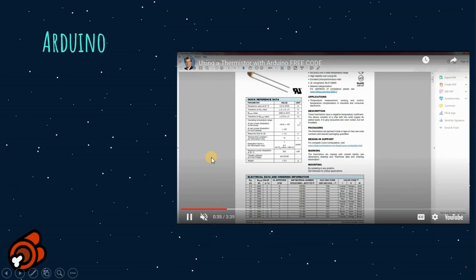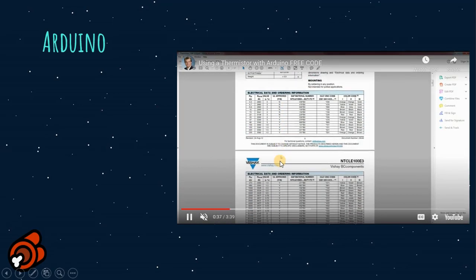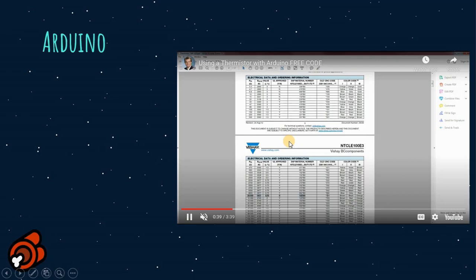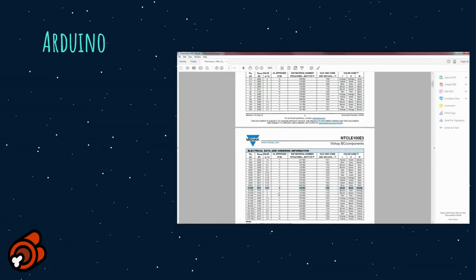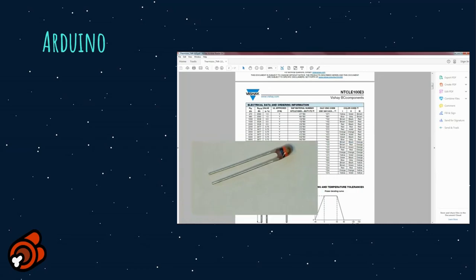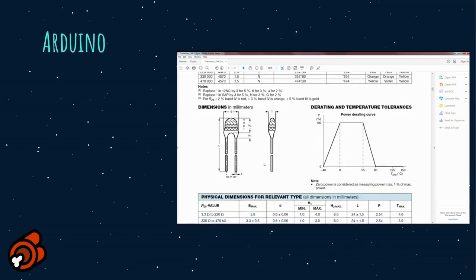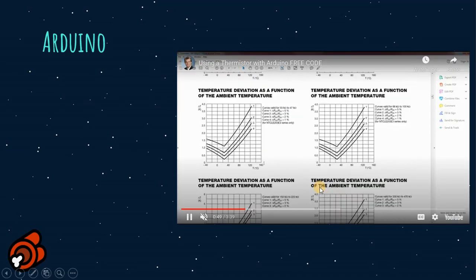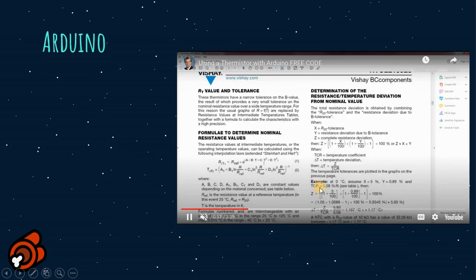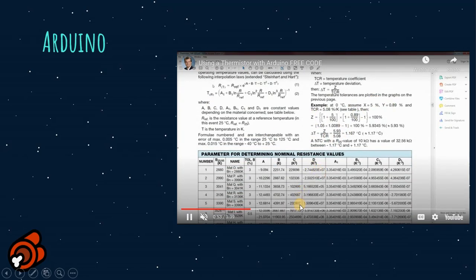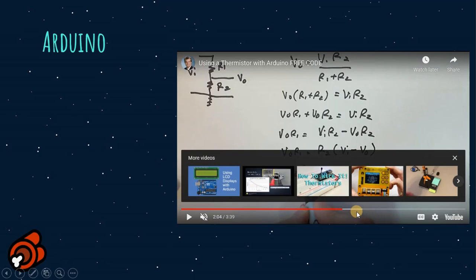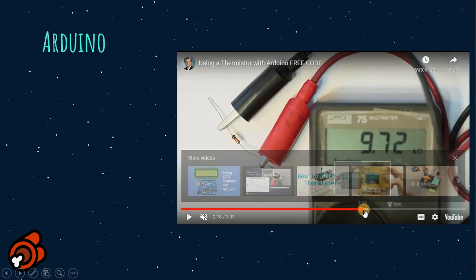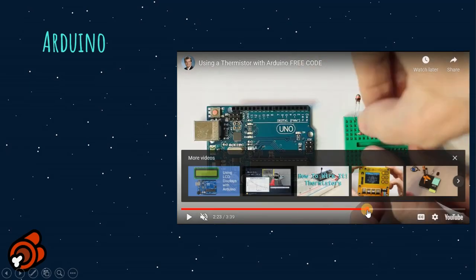For this study, they use a thermistor. It's a kind of resistor that is used to measure the temperature. There's a manual, and they choose a specific equation that they plug in with the code. This is just to give you an overview of what the researchers could have done during the study.